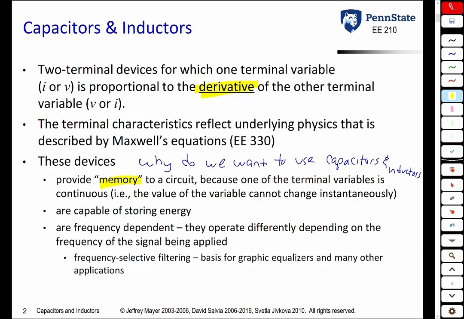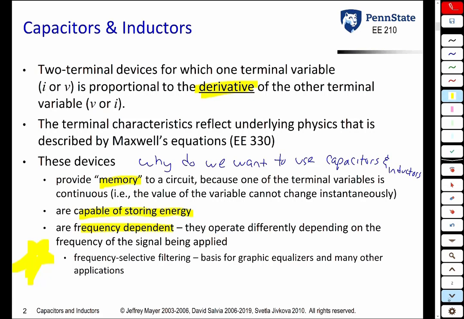Second thing we're going to find out is both capacitors and inductors can temporarily store energy and put the energy back into the circuit at a later point. And then the big advantage, so this one gets a star, the big advantage is that they are frequency dependent. As I said before, this allows us to create a circuit that will do different things depending upon the frequency of the signal that's being applied to the circuit.